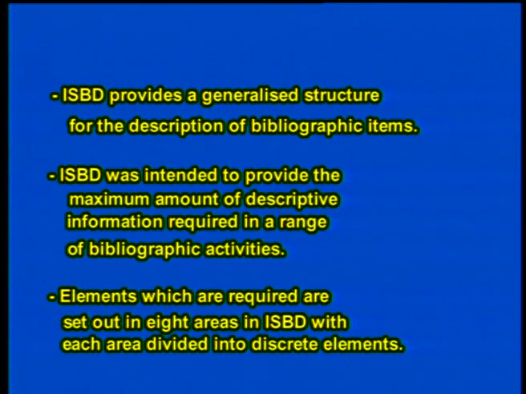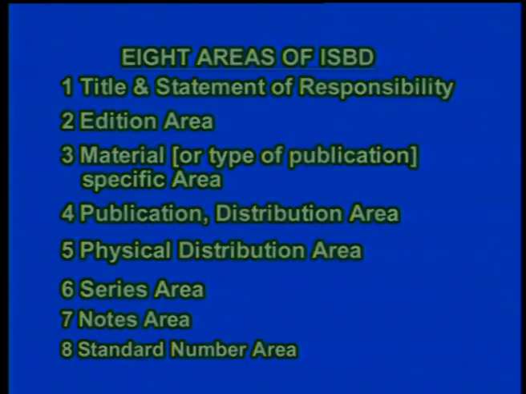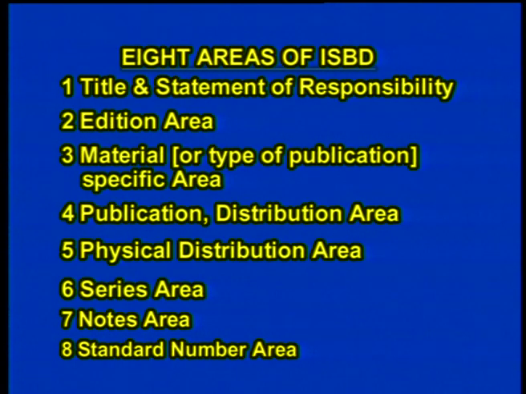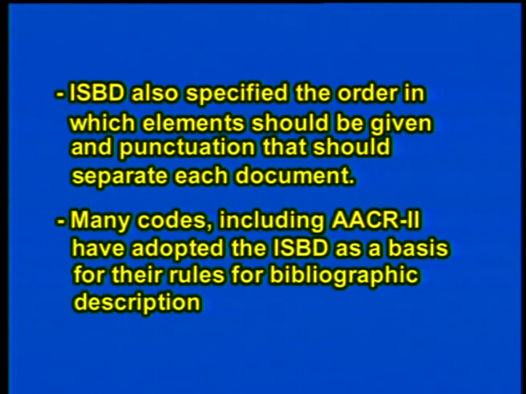ISBD was intended to provide the maximum amount of descriptive information required in a range of bibliographic activities. Elements which are required are set out in ISBD in 8 areas, with each area divided into very specific and discrete elements. We will briefly look at some of these elements. ISBD also specified the order in which the elements of a bibliographic description should be given, and very importantly the punctuation that should separate each element.